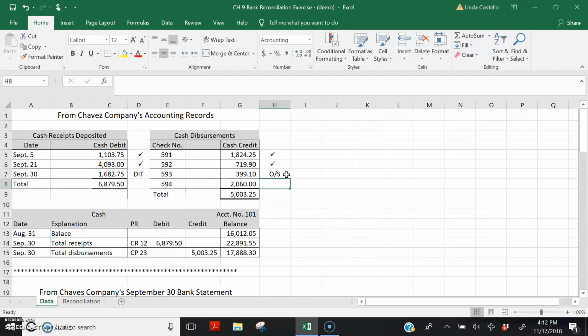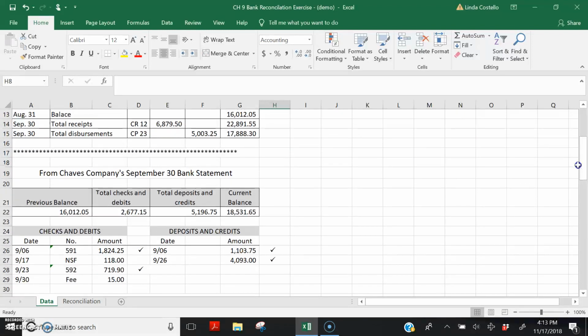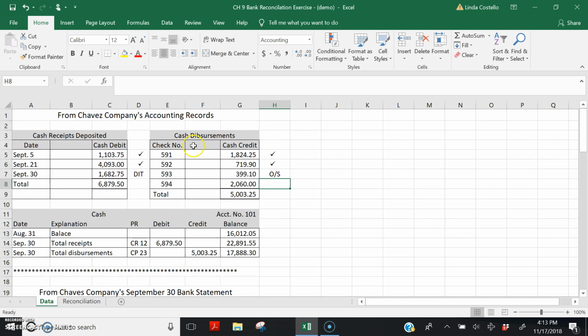The fourth check we wrote in September was check number 594 in the amount of $2,060. Has this check cleared the bank? No. If you look at the details on the bank statement, this check is not recorded. We properly recorded the check on the books as a decrease to cash for the month of September.